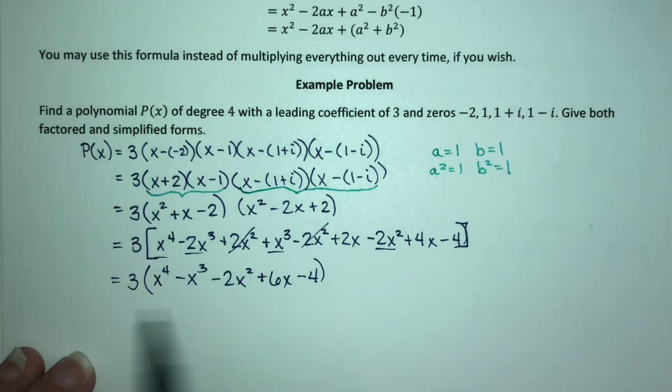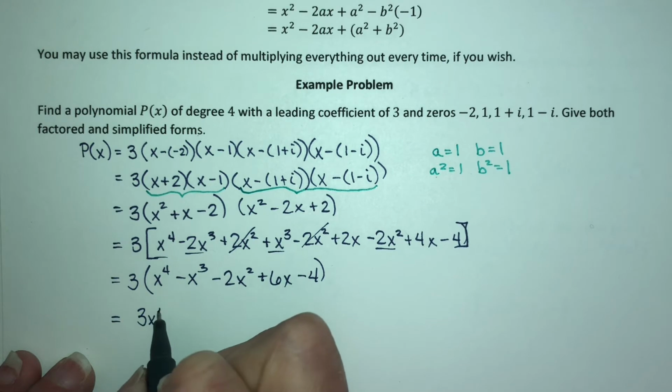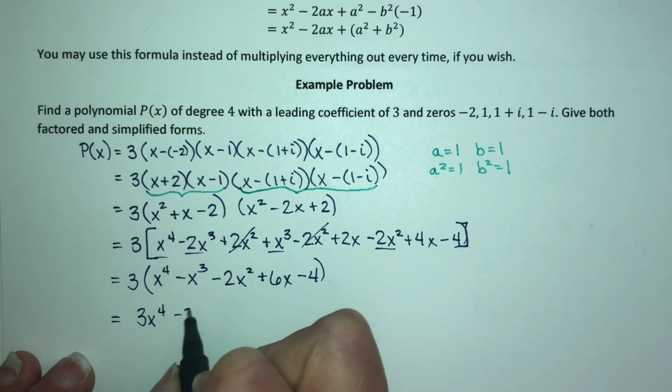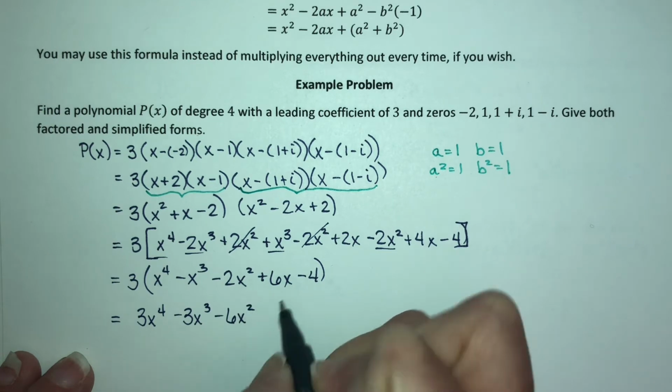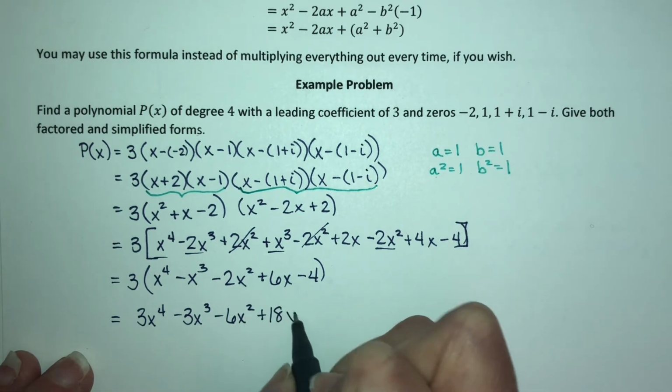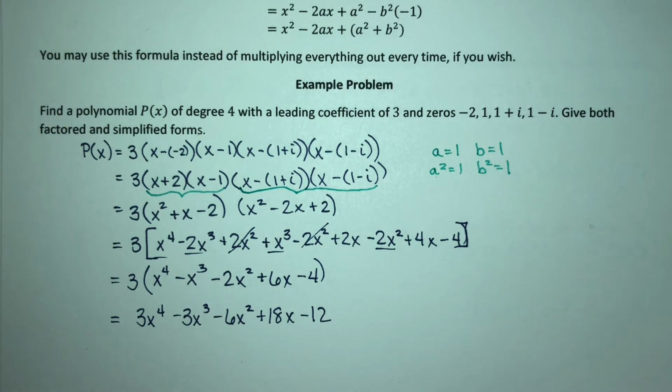And now finally distribute the 3 to get 3x to the 4th minus 3x cubed minus 6x squared plus 18x minus 12. And that's the answer they're looking for.